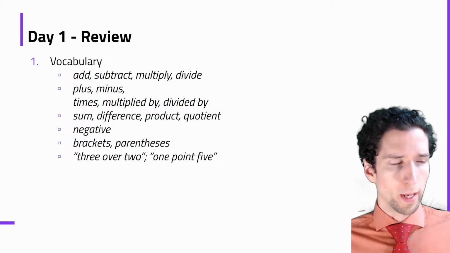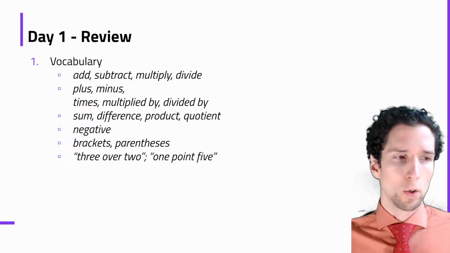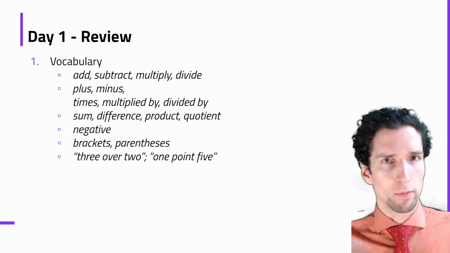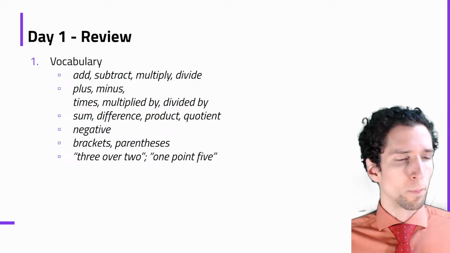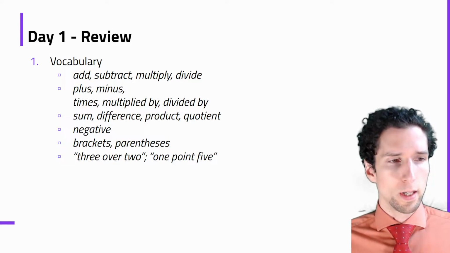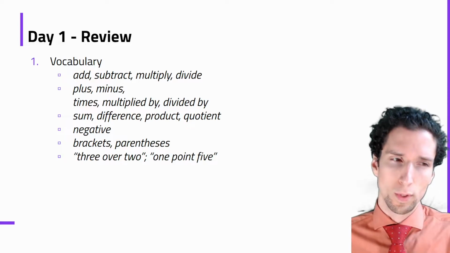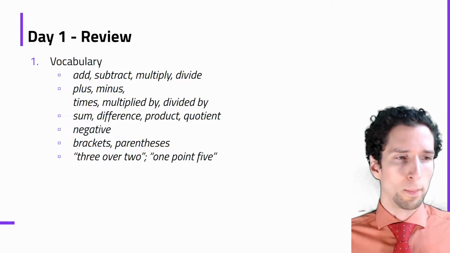Negative numbers, or for reading an equation like negative a minus b, negative minus should be read differently. Brackets and parentheses, we don't usually need to say those words out loud, but we should be able to talk about them.